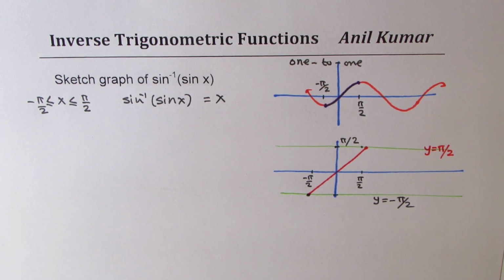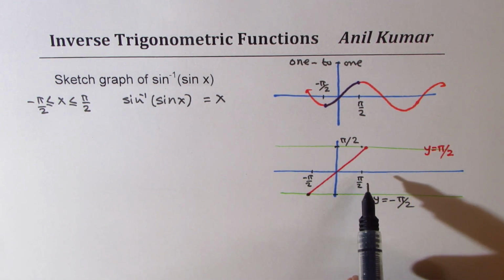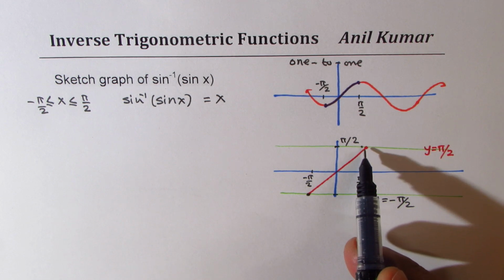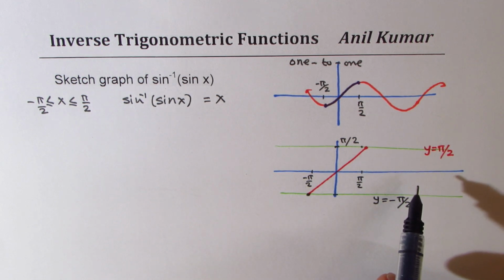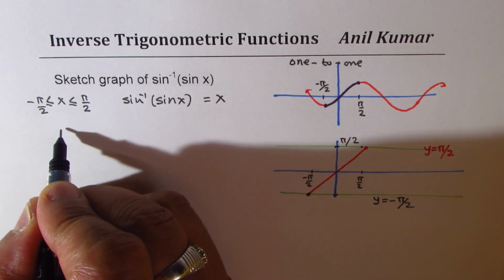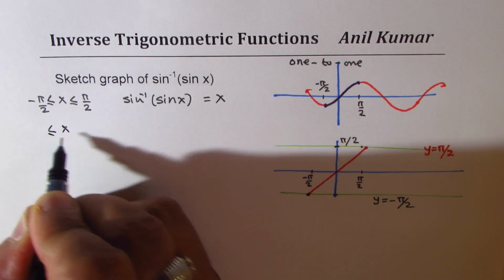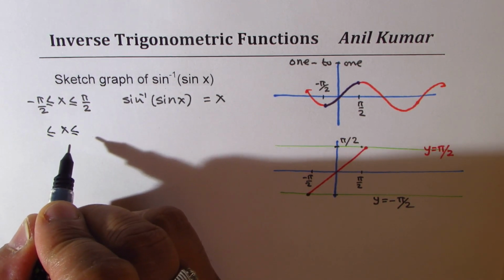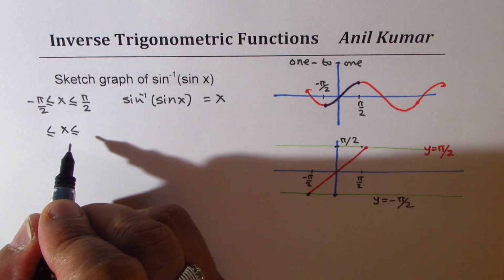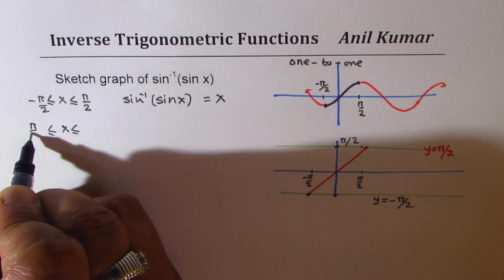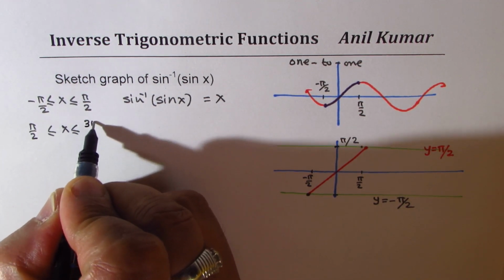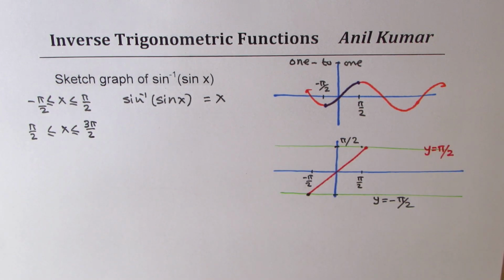Now what happens if you're looking into the interval beyond pi by 2, correct? So let us say what happens when x is between pi by 2 to 3 pi by 2. Now that is what we need to figure out.